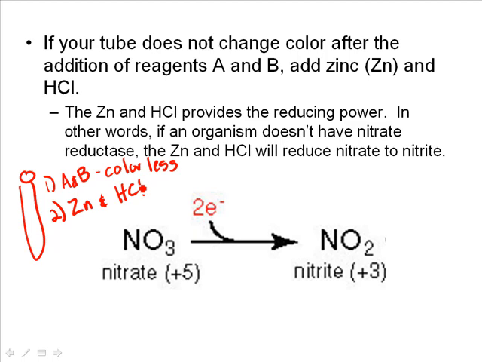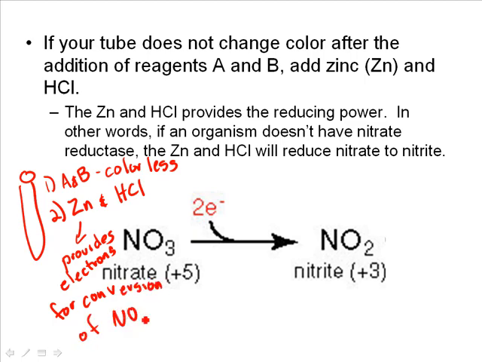Now the reason we do that is because the zinc provides the electrons for the reduction reaction. So zinc provides the electrons for the conversion of nitrate to nitrite, and HCl provides the reducing power.